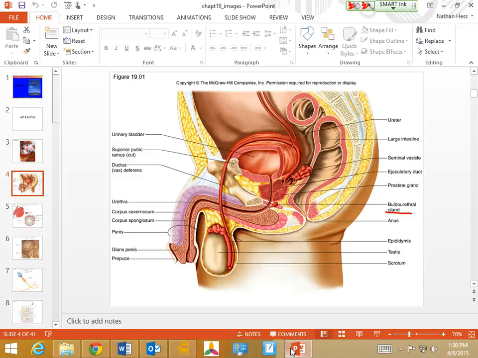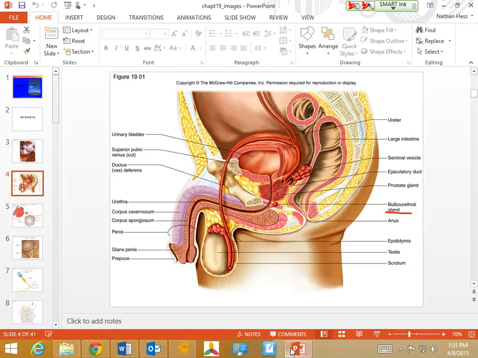Okay. So semen is composed of the sperm. Again, we'll talk much more about the sperm in a minute. But with the sperm, there's the fluid from the seminal vesicle, and there's also a little bit that comes from the bulbourethral gland.